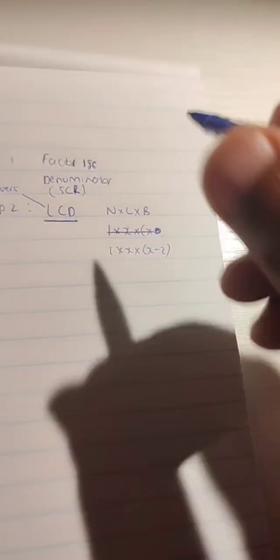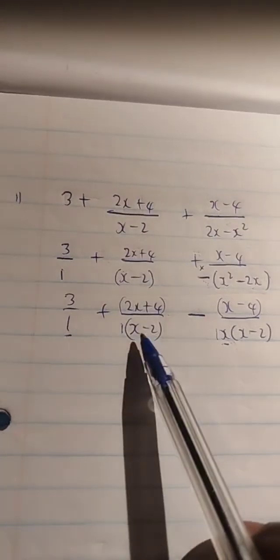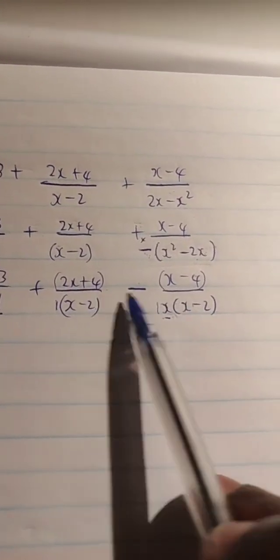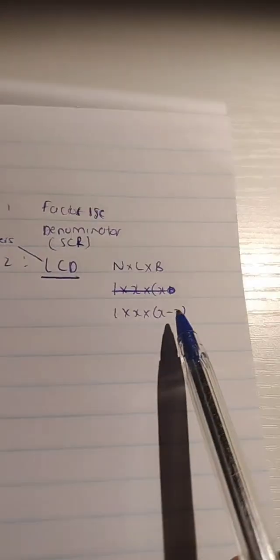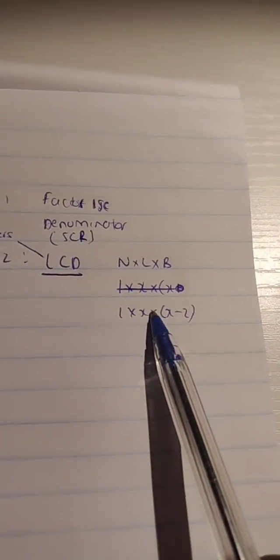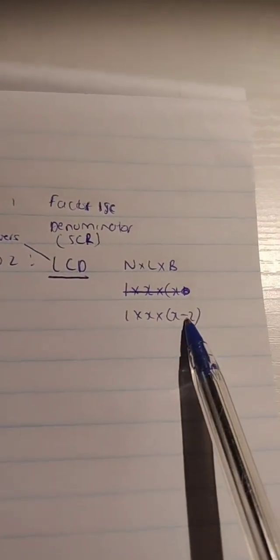So it means I am going to include that common bracket as part of my LCD. And because it is common and it has the same exponent, I'm going to write that common bracket once.